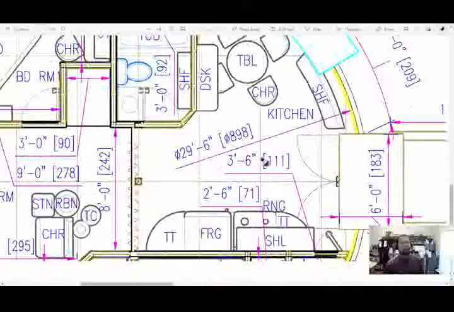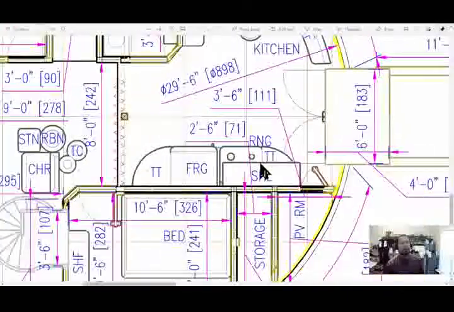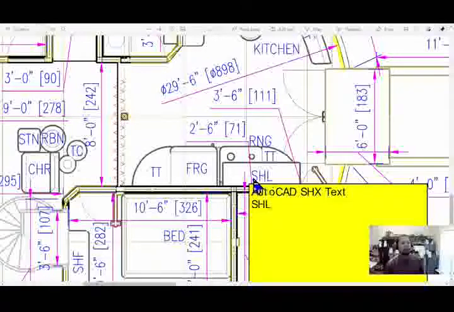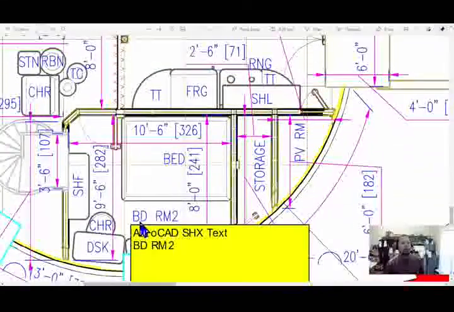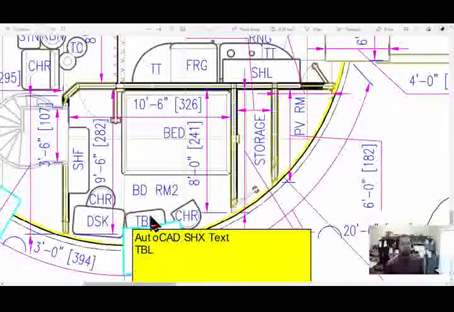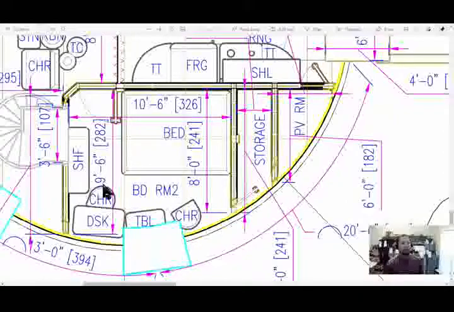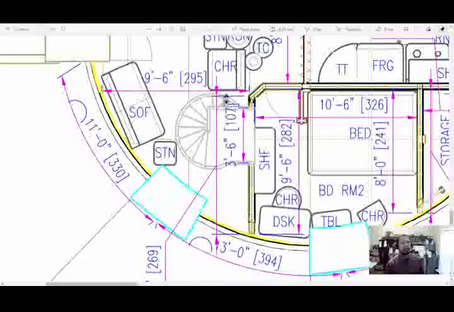I even detailed the furniture in this view. Some of the appliances, shelves, and the bed, of course, in the bedrooms, desks, tables, shelves, chairs, storage areas, or closets. There you can see the living area.